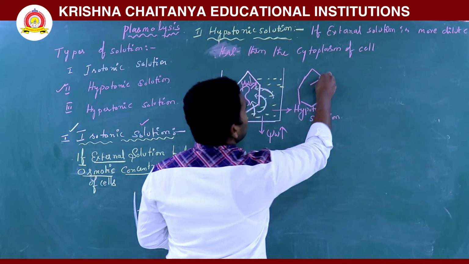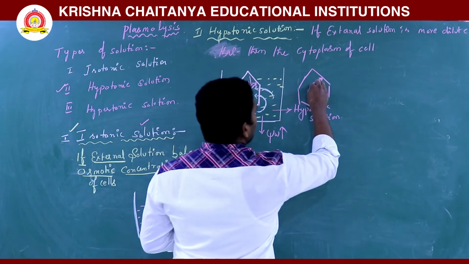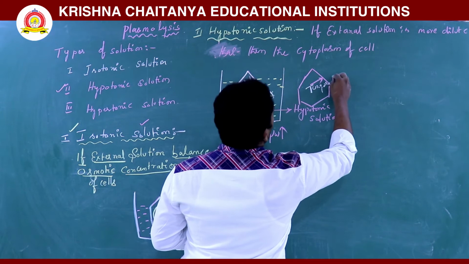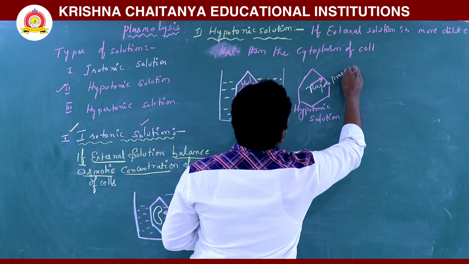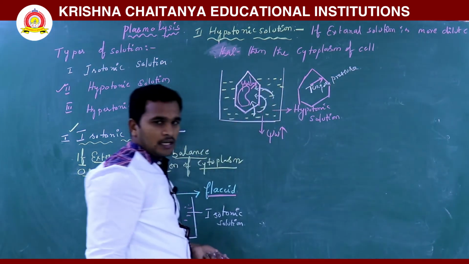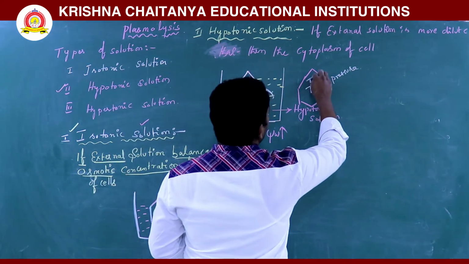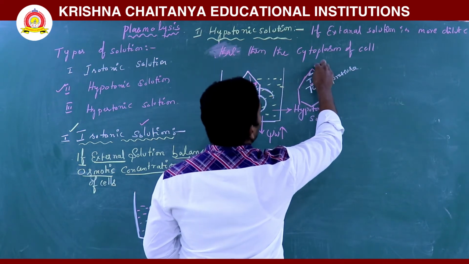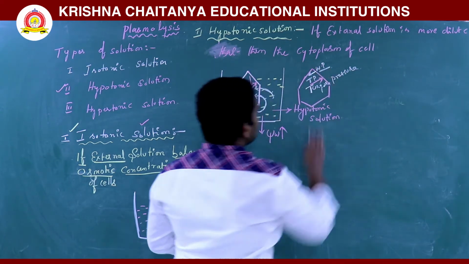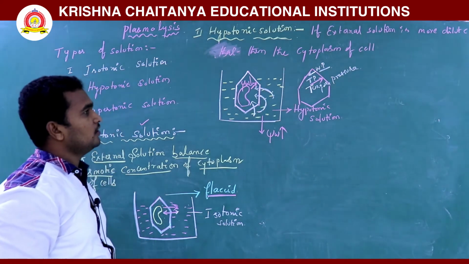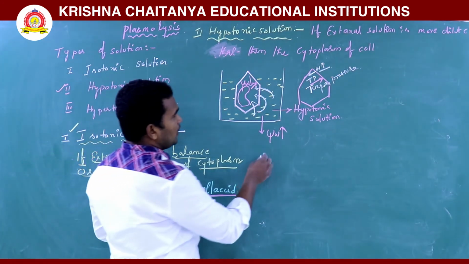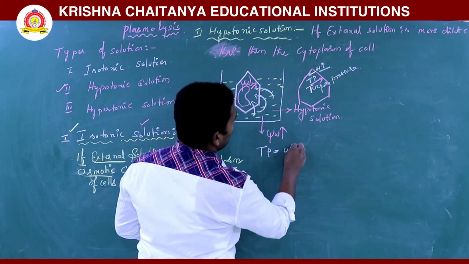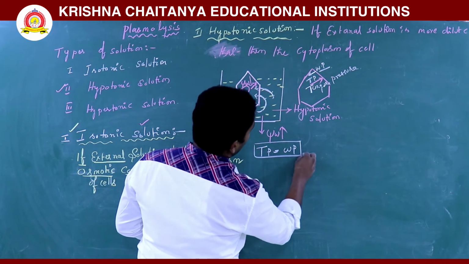Here it pushes the cell wall, and that is called turgor pressure, that is TP. In the opposite direction, the cell wall is pushing, so that is wall pressure. So TP equals WP. TP equals WP.